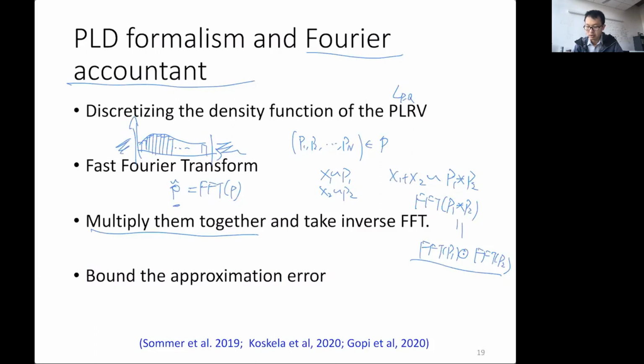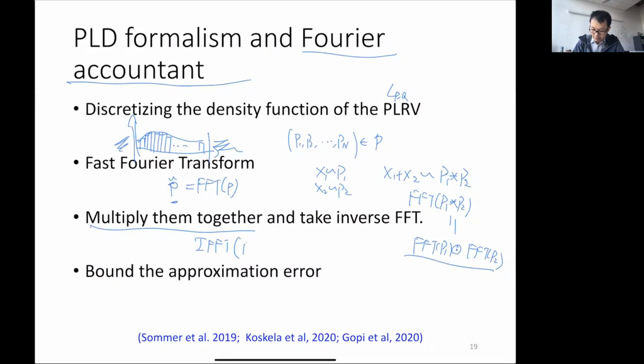By simply running the inverse Fourier transform of FFT of P1 pointwise product with FFT of P2, we can recover an approximation to the original P1 convolution with P2.